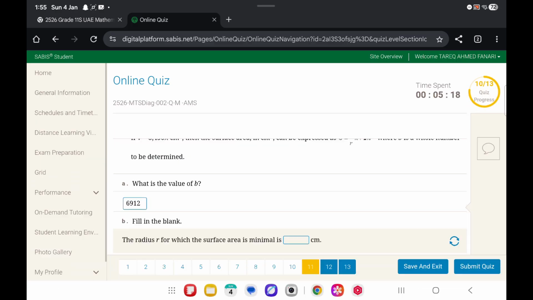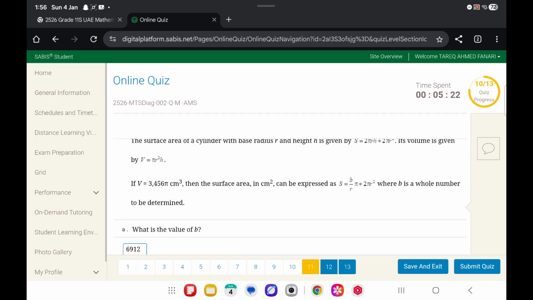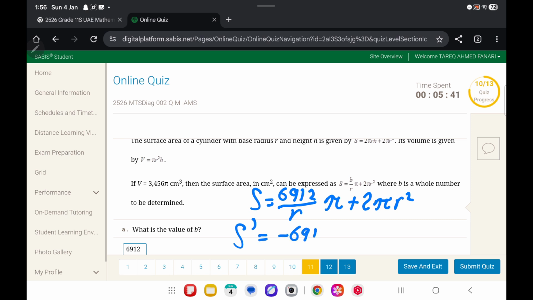The radius for which the surface area is minimal. So we need to find the derivative. Now, remember what we said. S is equal to 6912 over r pi plus 2 pi r squared. Now, we're going to differentiate. So, S prime is what? Negative 6912 pi over r squared.